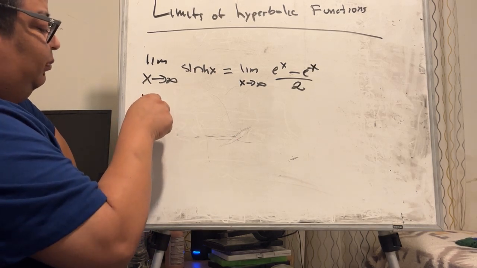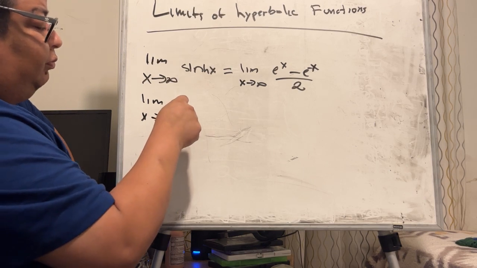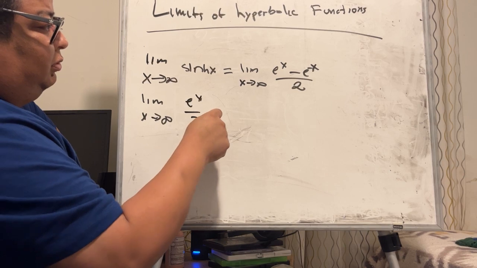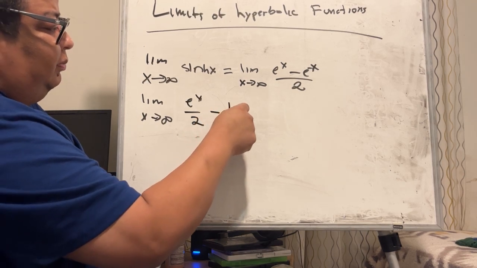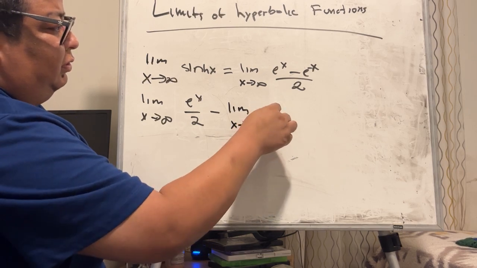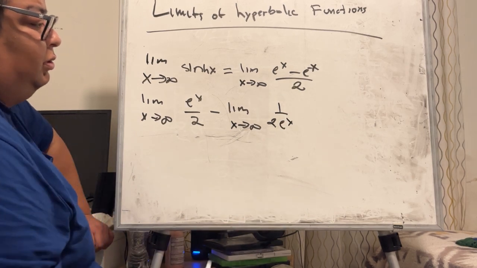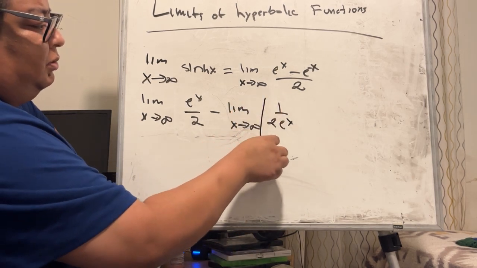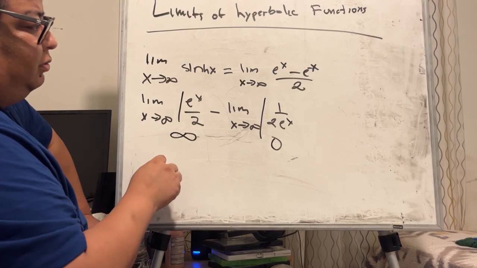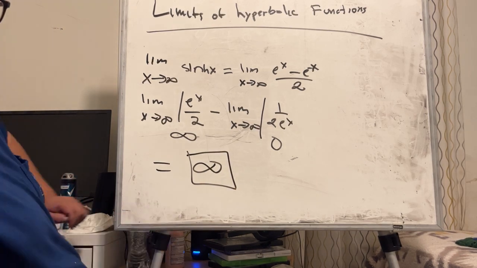That would be the limit as x approaches infinity of e to the x over 2, minus the limit as x approaches infinity of 1 over 2e to the x. So this limit becomes 0 and this one infinity. So the whole thing becomes infinity. It blows up.